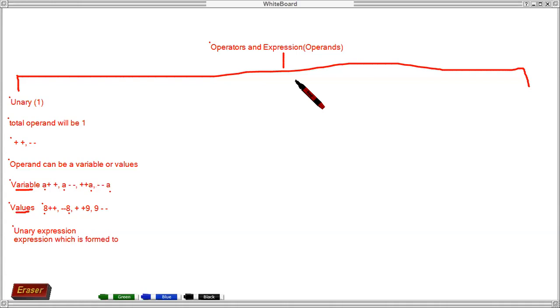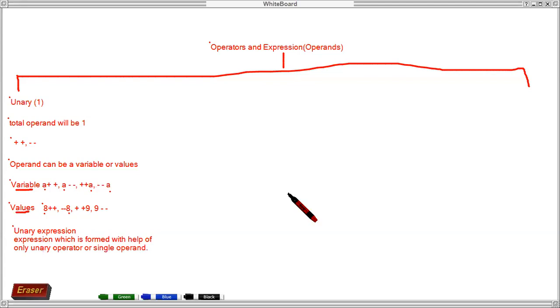with the help of only the unary operator, you can say, with the help of using only the unary operator. Or you can say single operand.